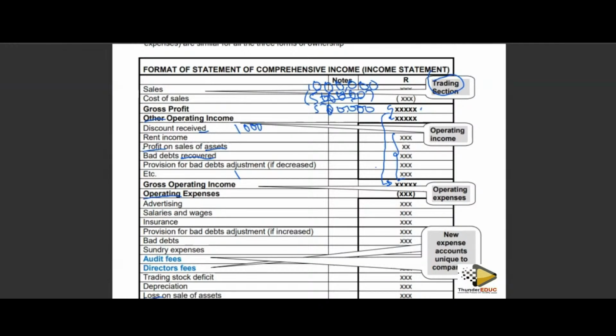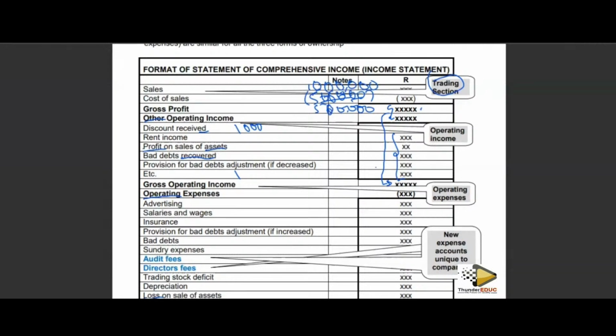So they have given us some examples. We have a lot of expenses: advertising, salaries and wages, insurance, provision for bad debts, sundry expenses, rent expense. Some of them are not listed here, like depreciation, and here they said stationery, when you buy stationery.